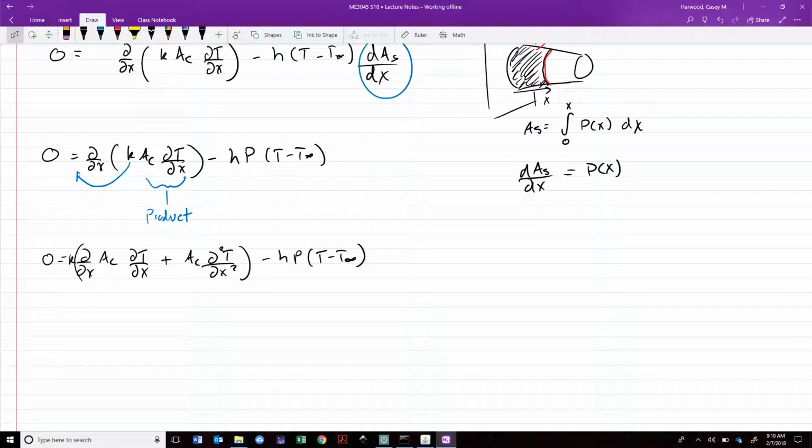And go ahead and divide through by k times Ac.